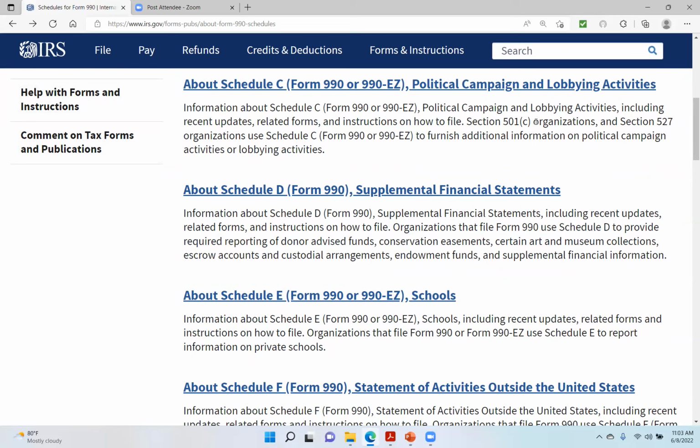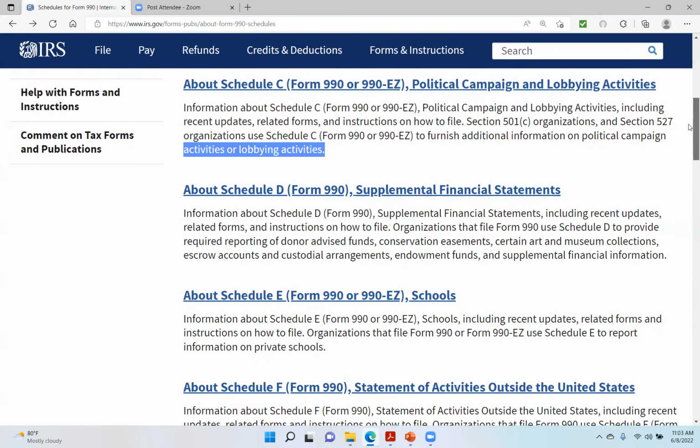So Section 501(c)(3), Section 501(c) organizations, and Section 527 organizations use Schedule C to furnish additional information on political campaign activities or lobbying activities. So if members of the Black Lives Matter Global Network Foundation team were involved in political campaign activities or lobbying activities, they would need to include a Schedule C with the Form 990 to provide information about those things.